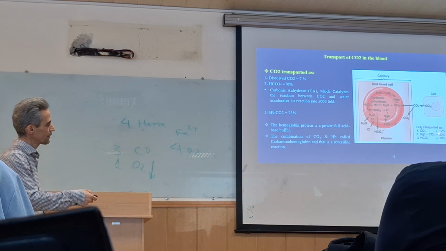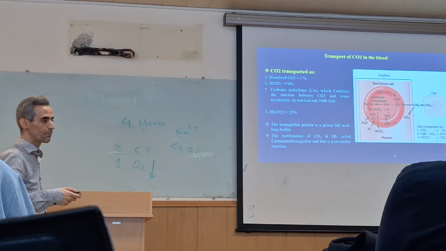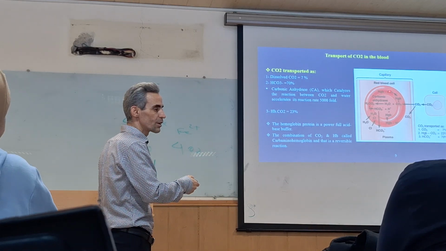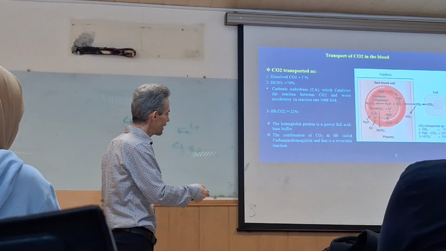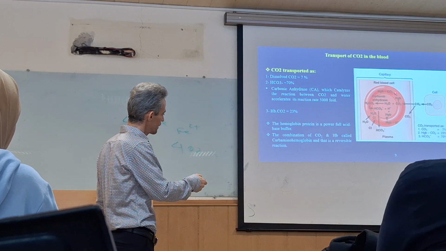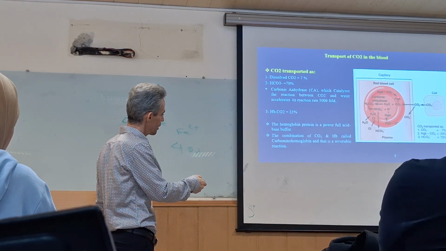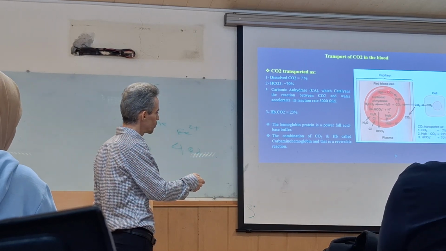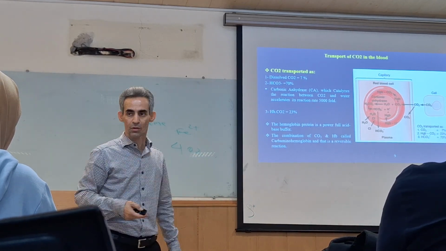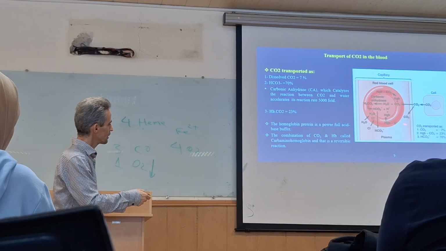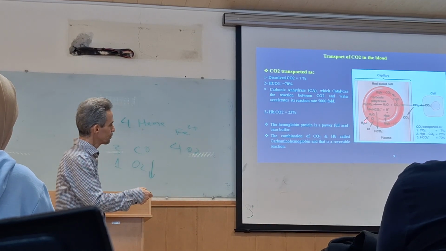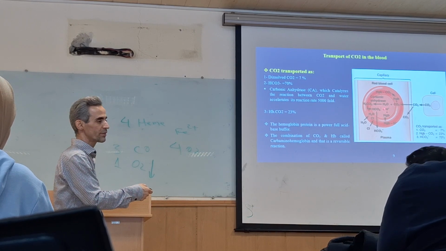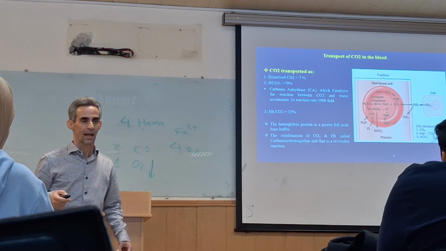From this 93%, 23% binds with hemoglobin and produces carbaminohemoglobin. The remaining 70% of carbon dioxide produces bicarbonate: at first, it reacts with water and produces carbonic acid.